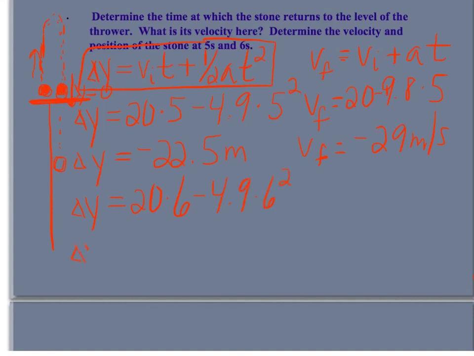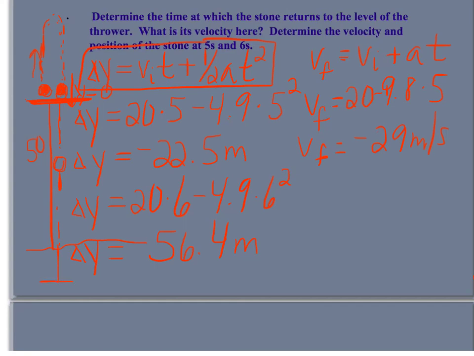When you plug that in and solve for delta y, you find that you get a change in position of negative 56.4 meters. Now again, the building was only 50 meters high, so if we were at negative 56, it means that we've passed the top of the building, gone downwards, and we're actually, if this is the ground, we're actually more than 6 meters below the ground at that point.